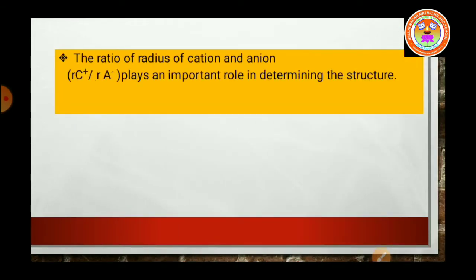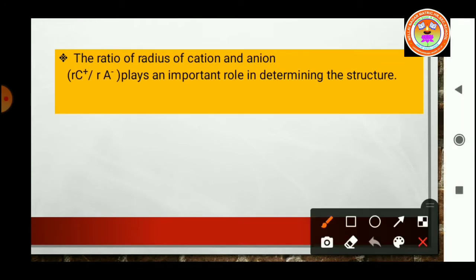In this case, the ratio of the radius of cation, that is r C plus, to the radius of anion, A minus, plays an important role in determining the structure.